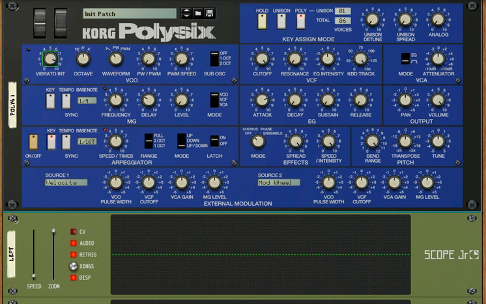So I've never really used a plugin before in Reason or a rack extension, but I can see the attraction of these. It's €40. I think it's probably well worth that for somebody who just wants to have straight in the rack an emulator of an old classic synthesizer that they want the sound of, or they perhaps have been used to using back in the day.